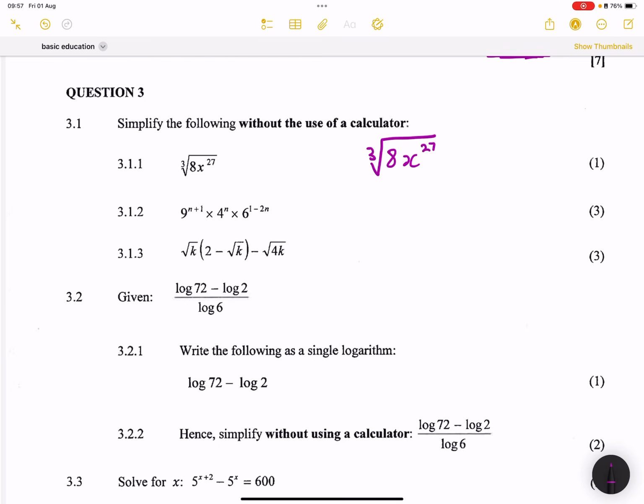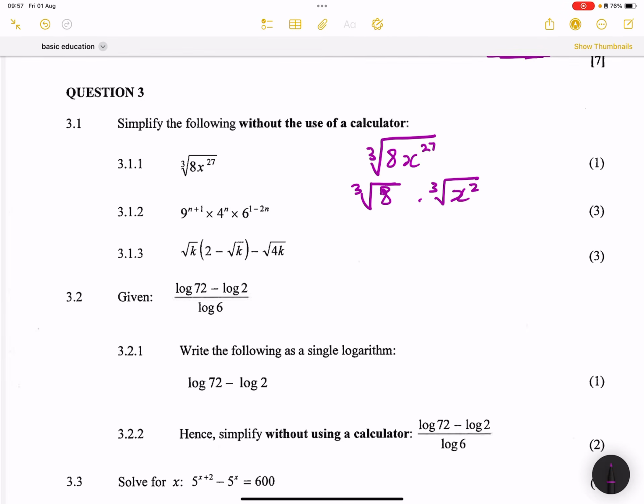Well, in this case, we can separate that and say this is the cube root of 8 multiplied by the cube root of x to the exponent of 27.